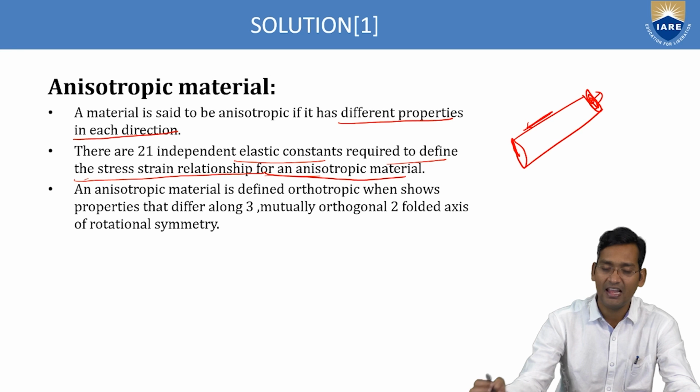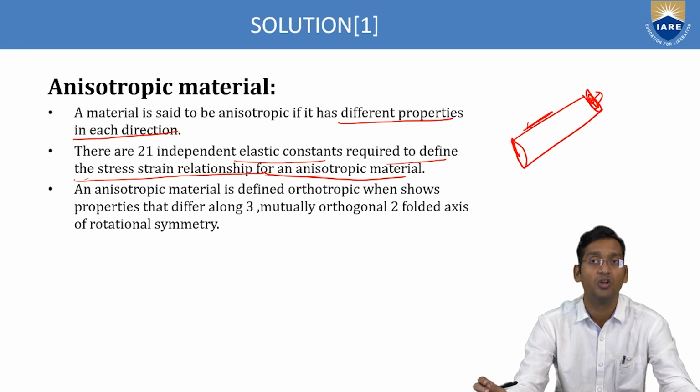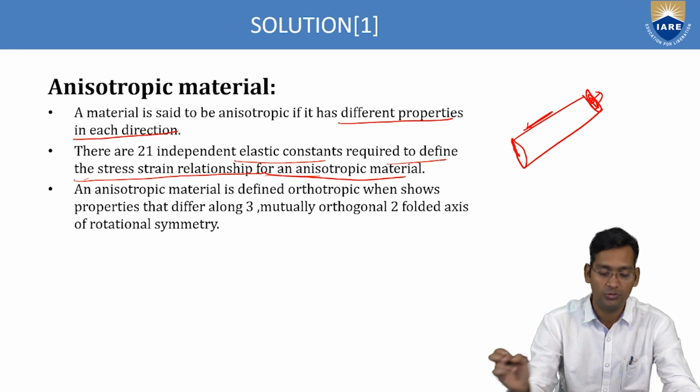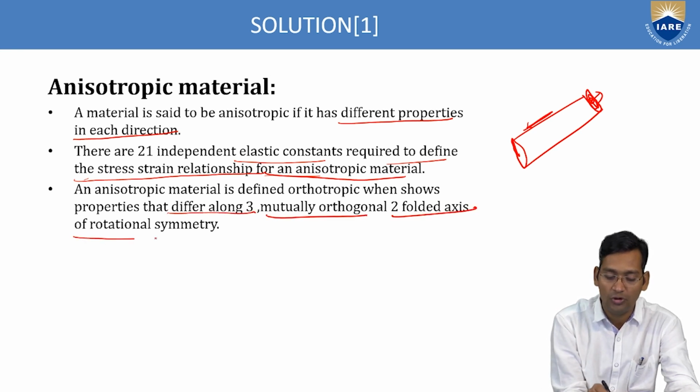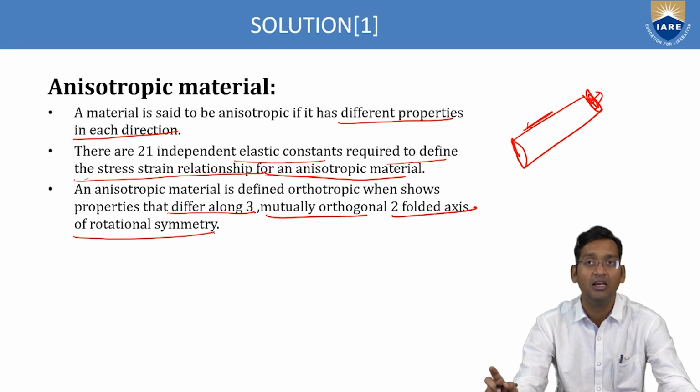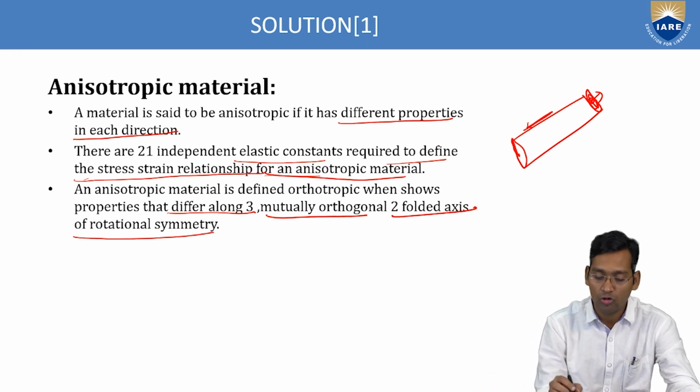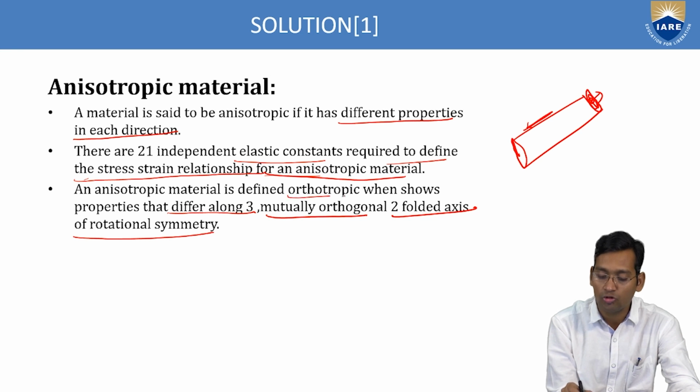Next, an anisotropic material is defined as orthotropic when it shows properties that differ along 3 mutually orthogonal, 2-fold axes of rotational symmetry. So the anisotropic becomes orthotropic.